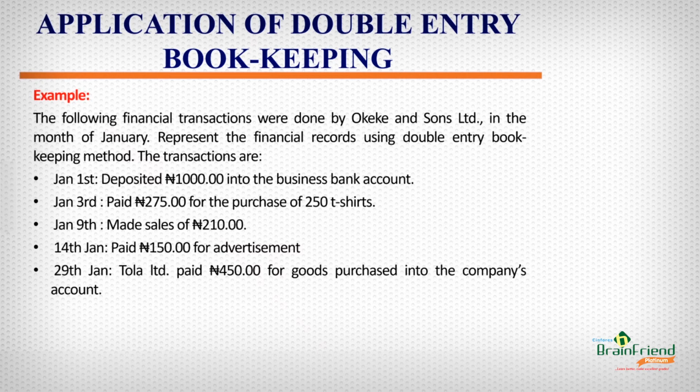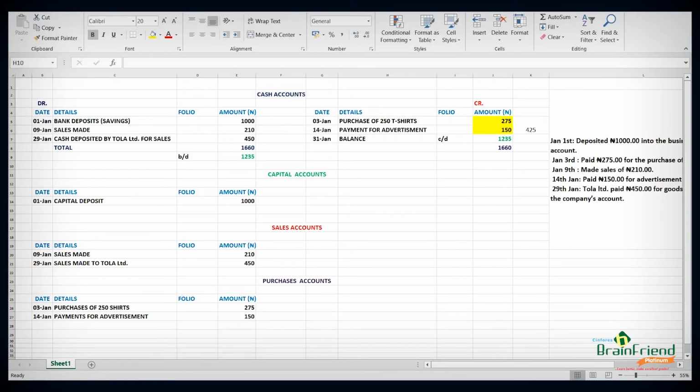On the 14th of January, the firm paid 150 naira for advertisement. And on the 29th of January, Tola Limited paid 450 naira for goods purchased into the company's account. That means these goods were bought on credit. So let's see how we can capture this in a typical double entry account.